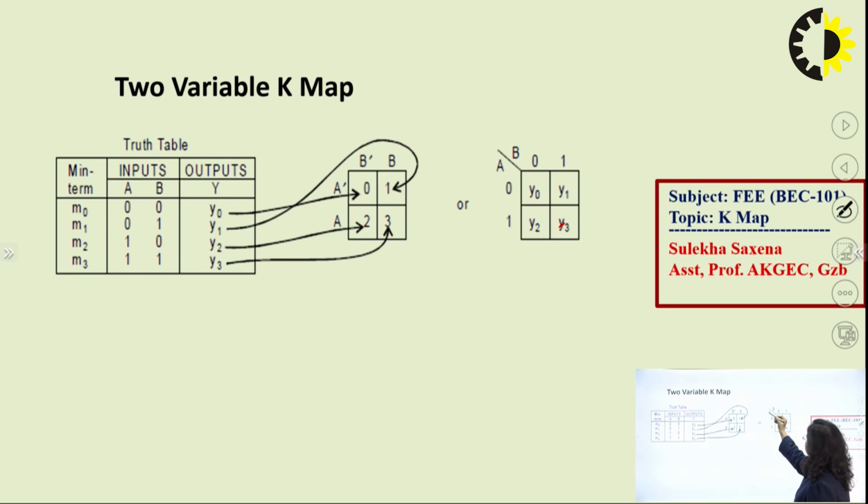One variable is taken on the left side and the second variable is taken on the top side, and it forms a 2 by 2 square. As each variable has only 2 values, 0 or 1, zeros and ones are mapped on both sides, and by this, 00 is min term 0, 01 is min term 1, 10 is min term 2, and 11 is min term 3. Accordingly, these min terms are entered in the KMap.